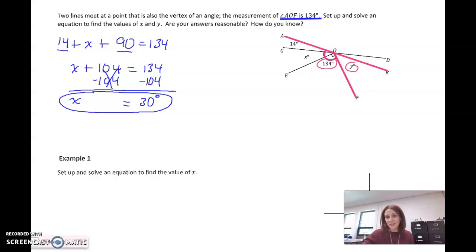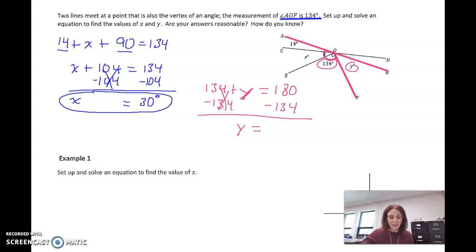This is y. Together, these two angles form a straight line. So I know that 134 plus y has to equal 180. Why 180? Because it's a straight line. Straight angle is 180 degrees. So I'm going to subtract 134 from each side. That cancels out to give me 0, and I'm left with y equals 46 degrees.